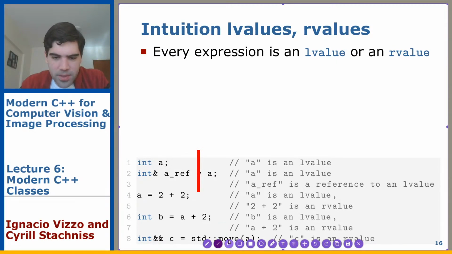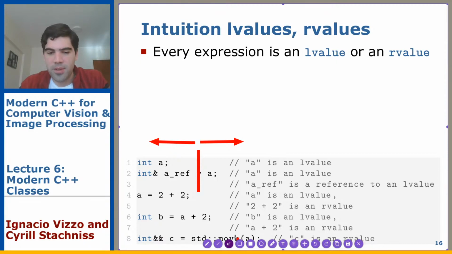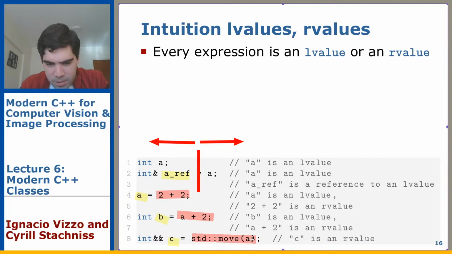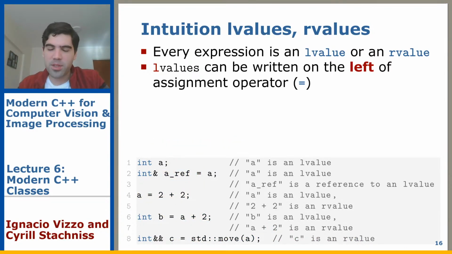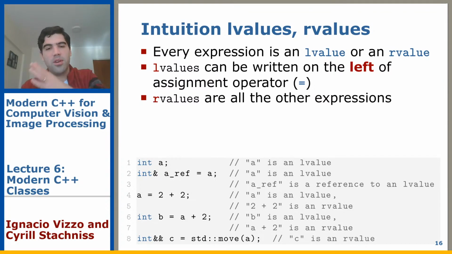Whatever is on this side is considered a left value, and whatever is on this side is considered an R value. So this is L value, L value, L value, L value. This is going to be R value, R values, R values. Whatever is to the right is going to be an R value. L values can be written on the left of the assignment operator, and R values are all over the expression.